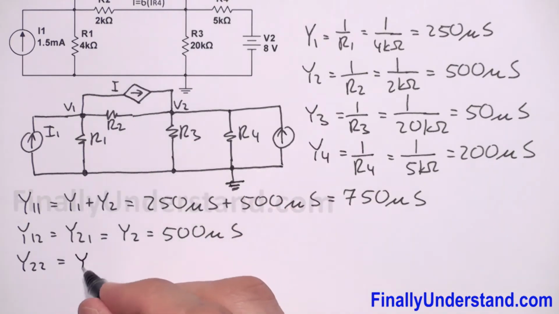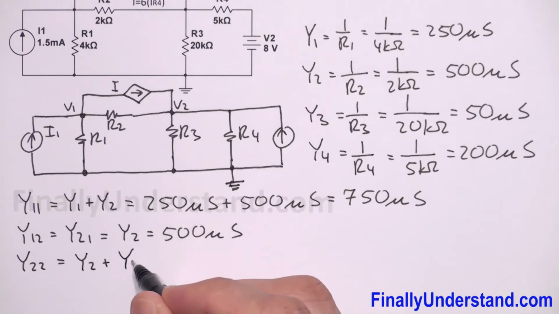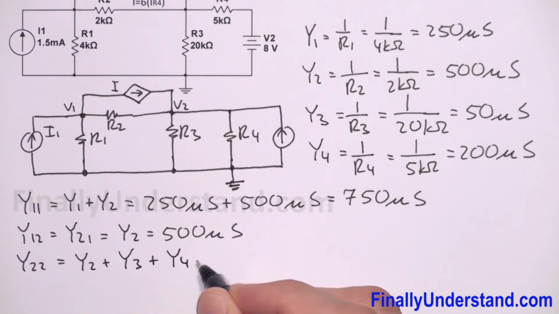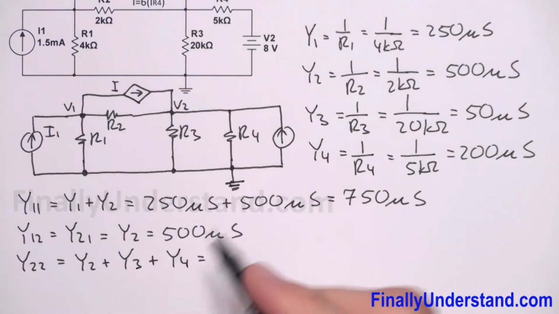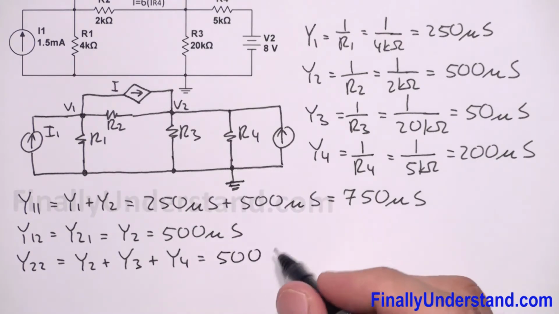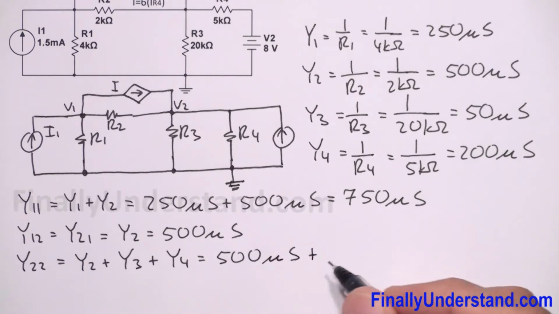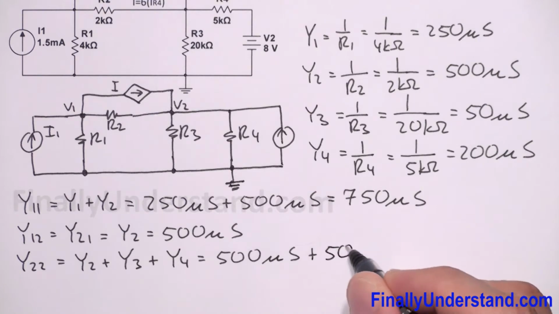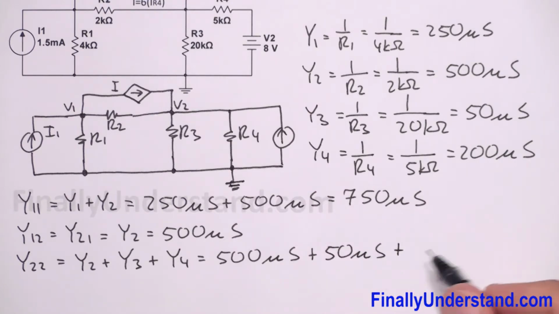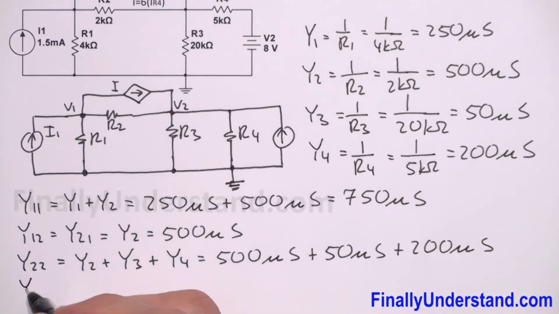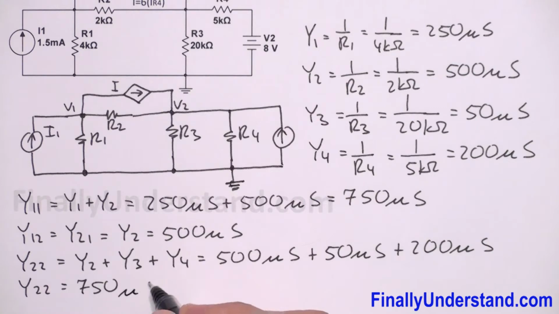So I have Y2 plus Y3 plus Y4, where Y2 is equal to 500 microsiemens plus Y3, which is equal to 50 microsiemens plus Y4, which is equal to 200 microsiemens. So Y22 is equal to 750 microsiemens.